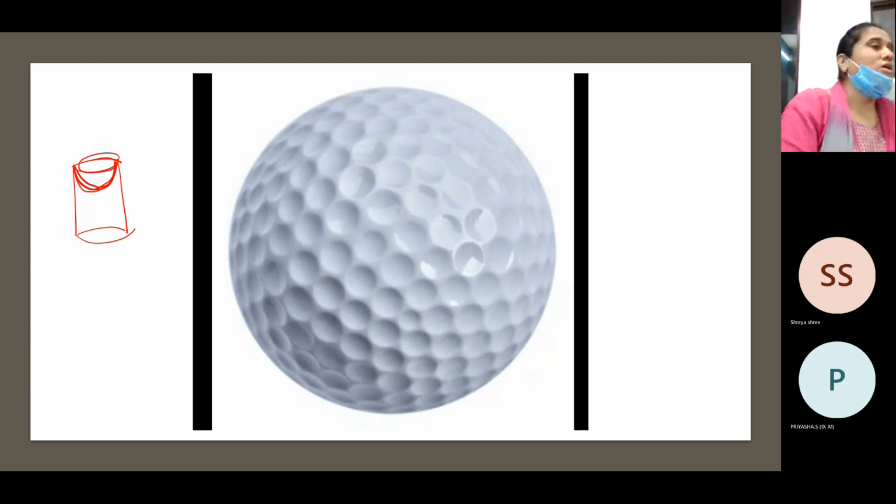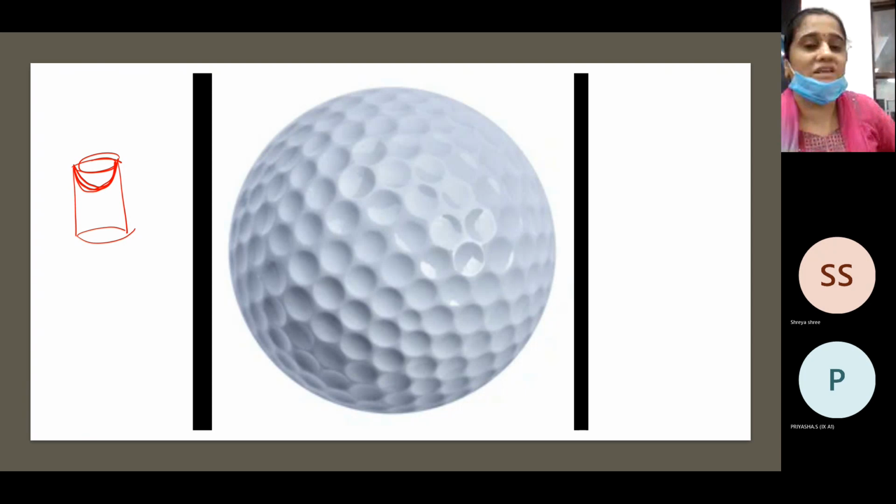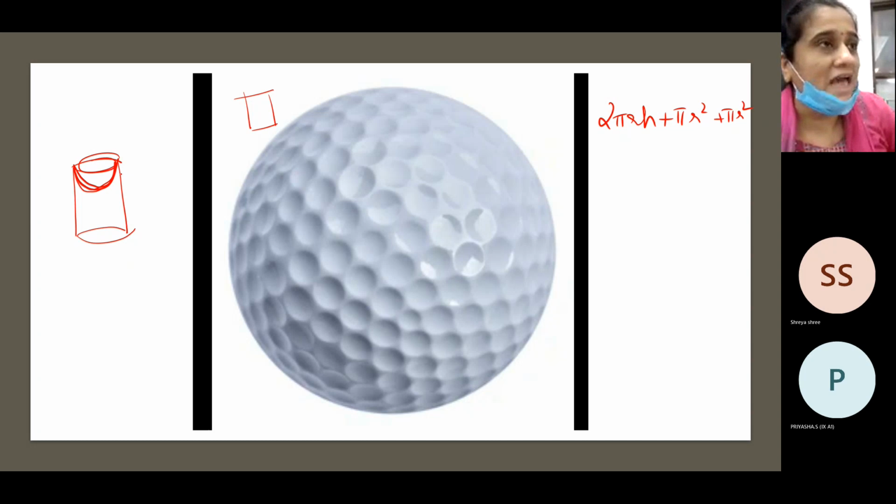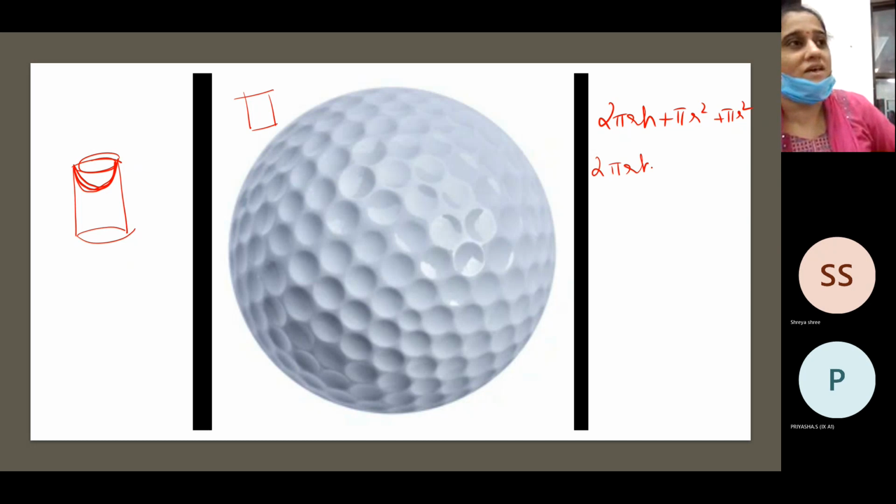What is the total surface area of a cylinder? 2 pi RH plus pi r square plus pi r square. Is this right? The total surface area of a cylinder like this is 2 pi RH plus pi r square, correct? Now, if you make a hemispherical cavity on one end of the cylinder, then the total surface area will be 2 pi RH, which is a CSA, plus the area of the bottom circle, which is pi r square.